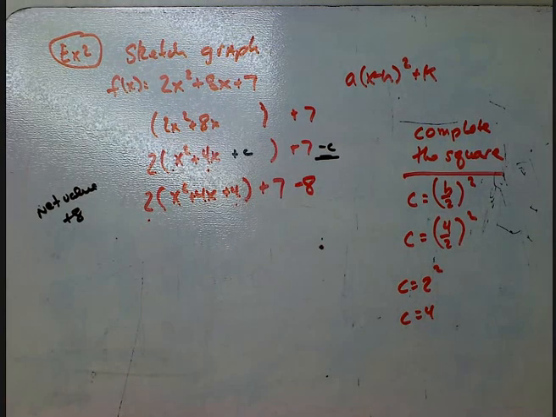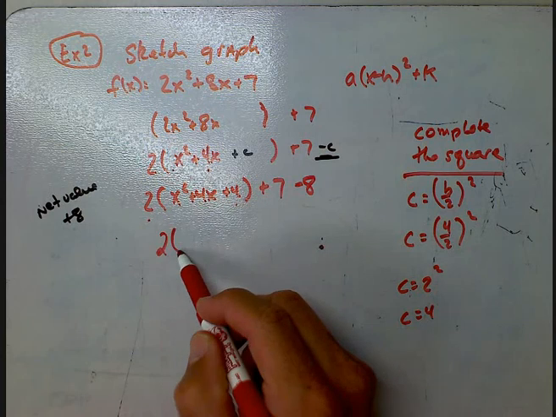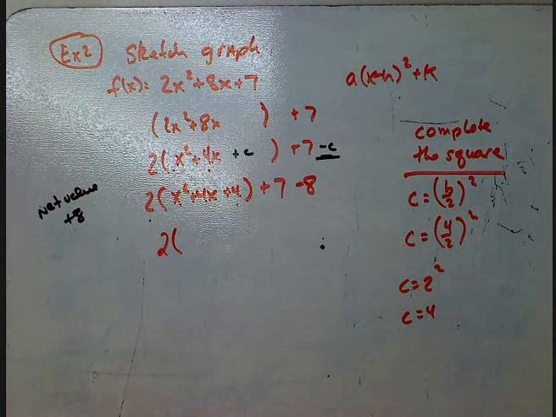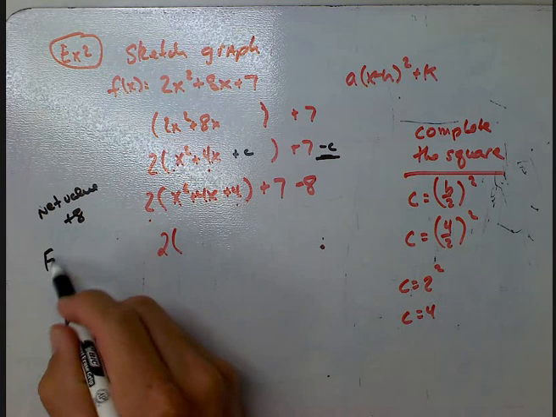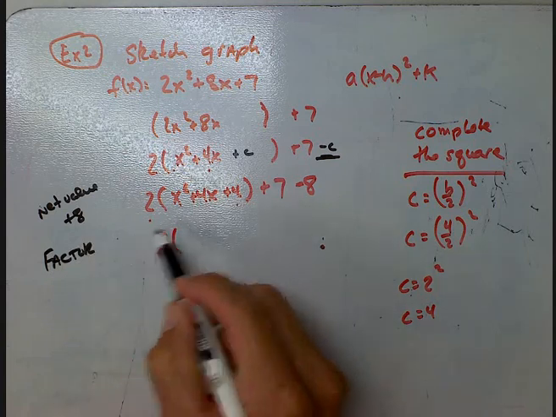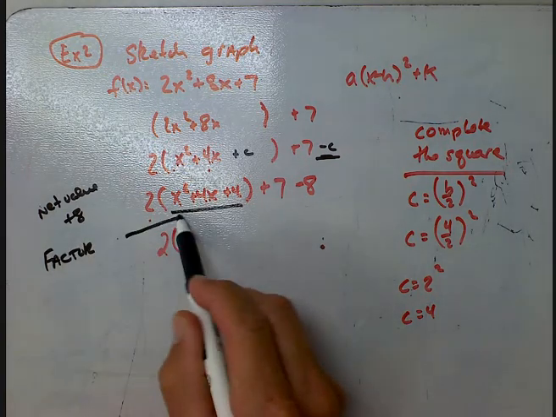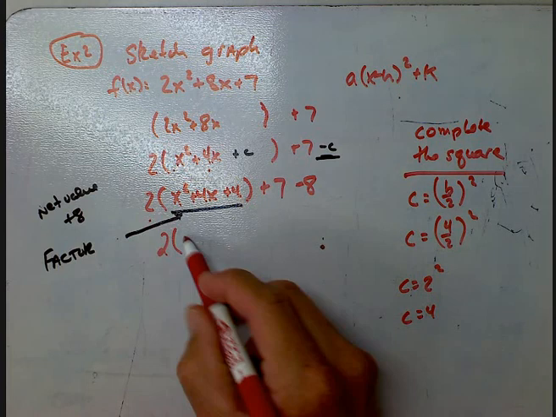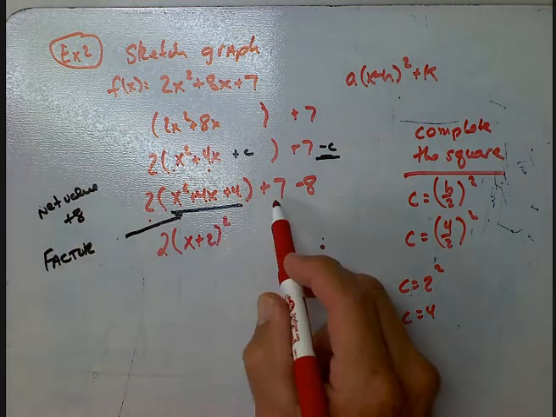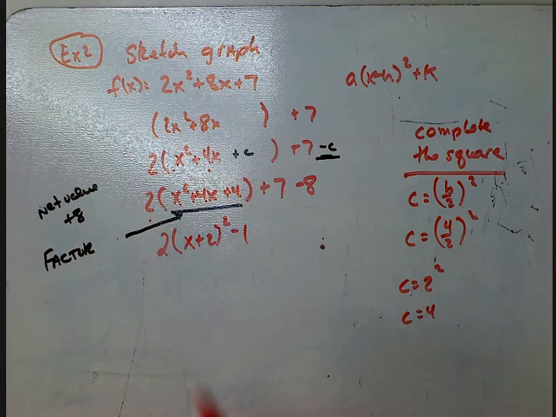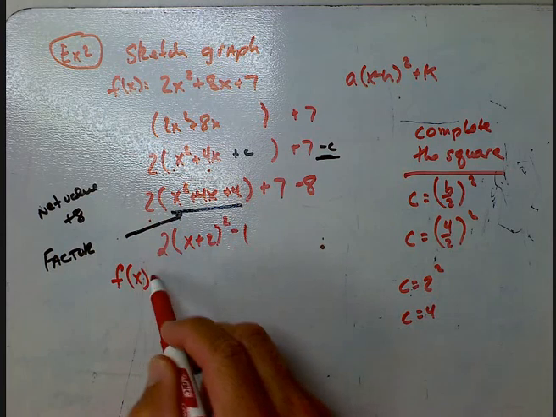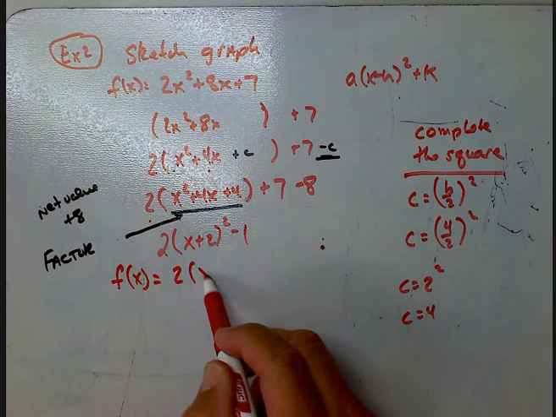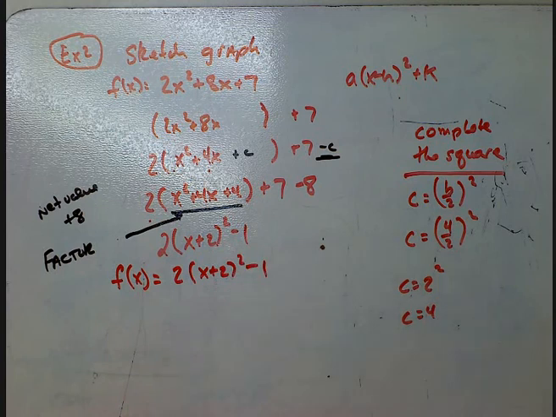Now the 2 stays put, and I factor: x squared plus 4x plus 4 becomes x plus 2 quantity squared. Then 7 minus 8 is negative 1. Now I have the equation f of x equals 2 times x plus 2 quantity squared minus 1.